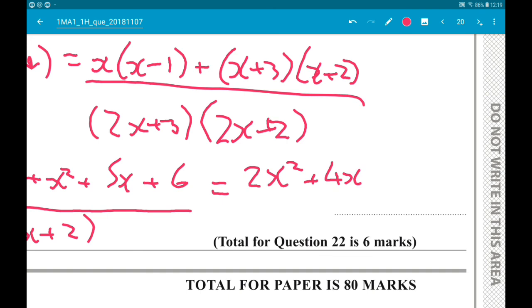Then we have plus 6. All over (2x add 3) times (2x add 2).